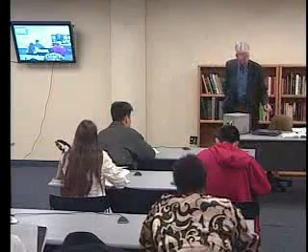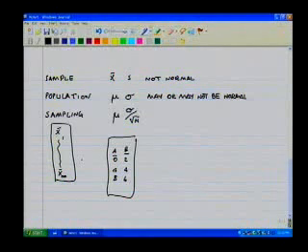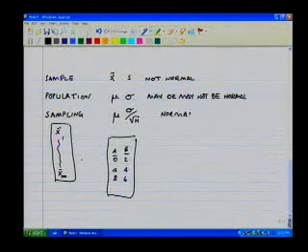If the population is distributed normally and you select repeated samples, repeated large samples of size n, the sampling distribution will be normally distributed. The sample distribution will be normal.